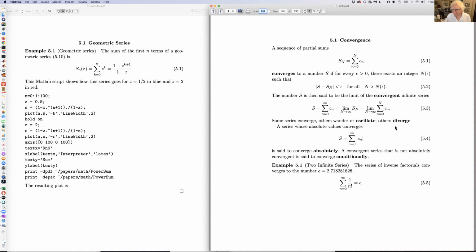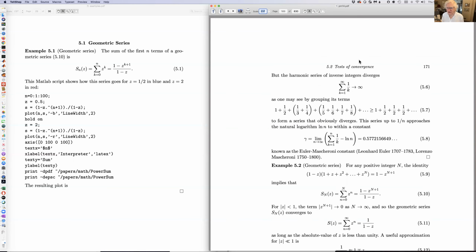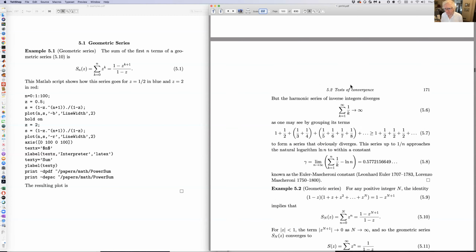If, on the other hand, the absolute values of the terms converge, then we say the series converges absolutely. If it doesn't converge absolutely, but nonetheless converges, we say it converges conditionally. There's an example. A more interesting example is 1 over k.